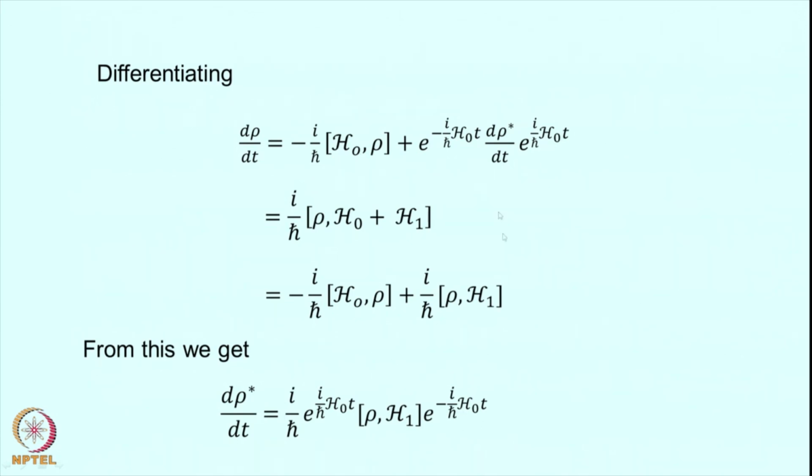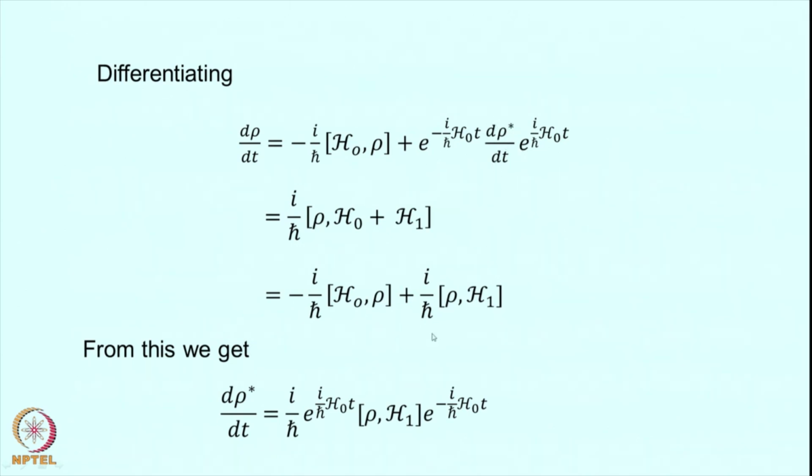And that is this one here, and what we get here will be simply dρ*/dt. You take this term, let me repeat it here, and multiply from the left by e^(i/ħ H0 t). So, this will become 1, and multiply from the right by e^(-i/ħ H0 t). So, this term will become 1, and what is left here is dρ*/dt.